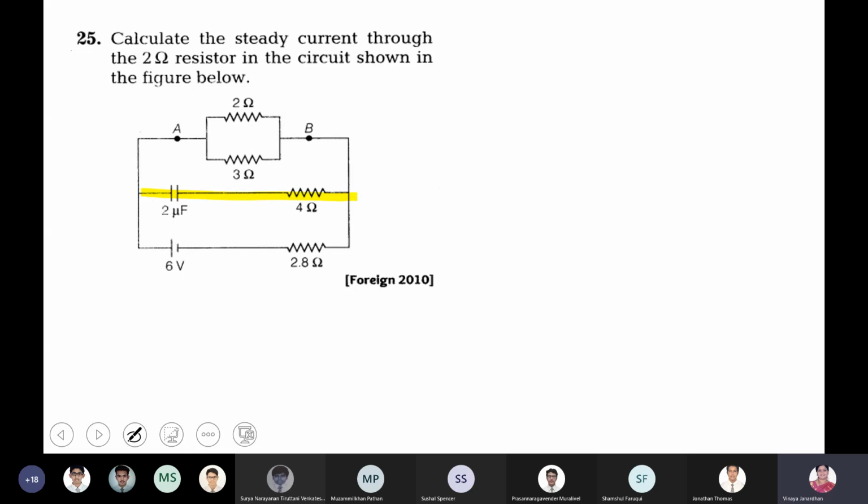Now, look at this. In such circuits, wherever you have a capacitor, current will not flow through the arm where the capacitor is placed, because your capacitor blocks DC. So no current flows through this arm.